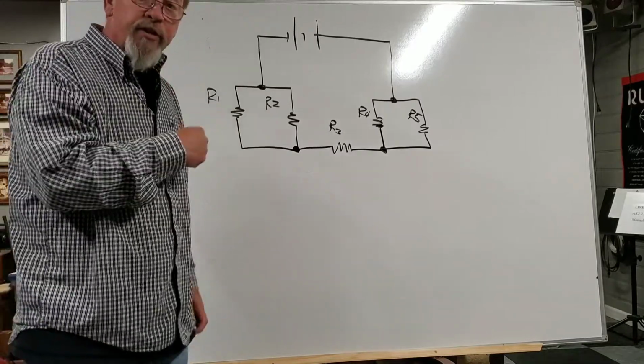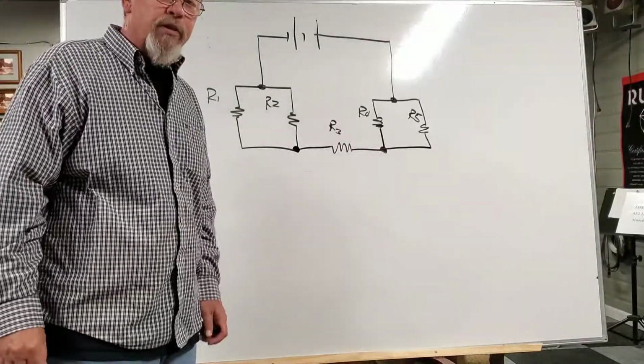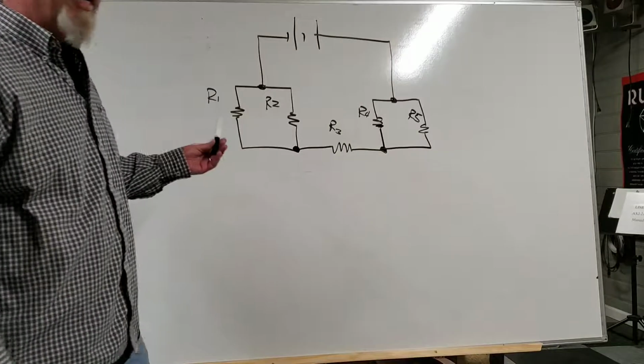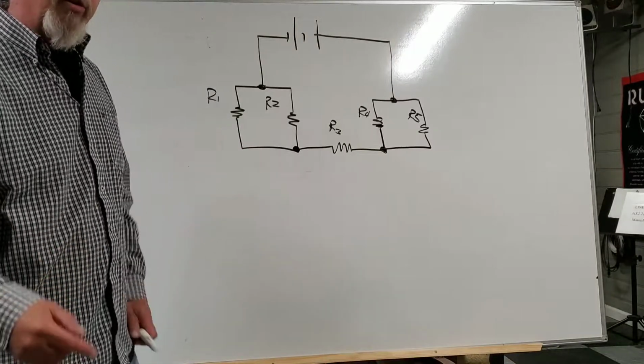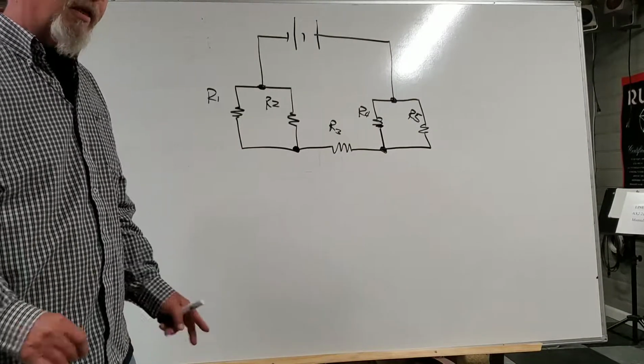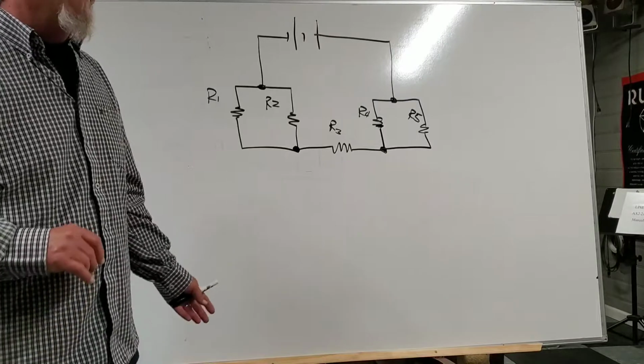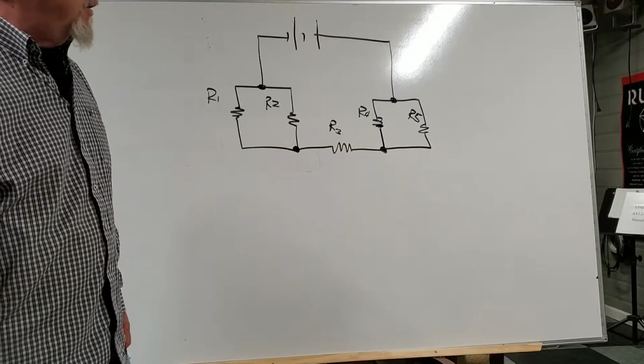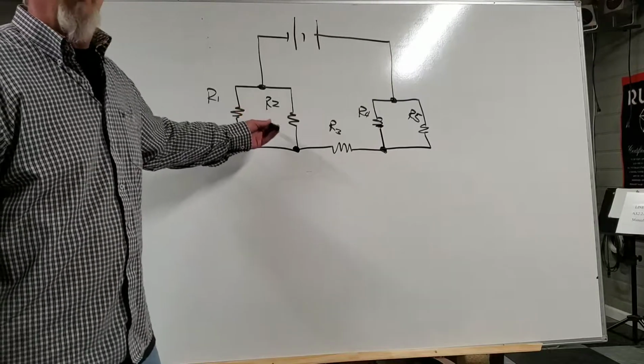With this circuit, I'm not even going to put any resistance values up there because you need to understand how we're going to use these equivalent resistances, and then we'll worry about finding how to determine what they are.